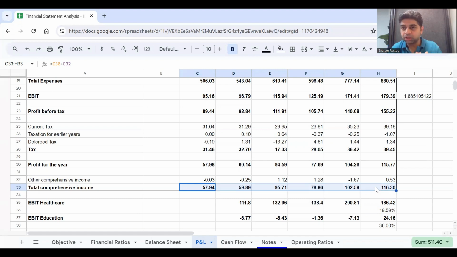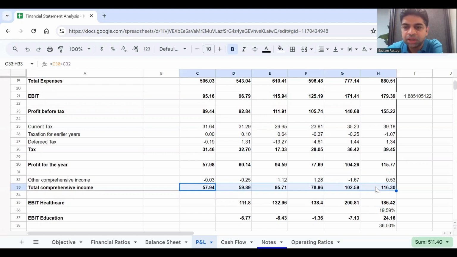So the cumulative cash flow from operations has far exceeded the cumulative profit after tax, which is a good sign. It means they are generating enough cash and money is not getting stuck in working capital. Again, I'll cover working capital and some other things when I get to the financial ratios.